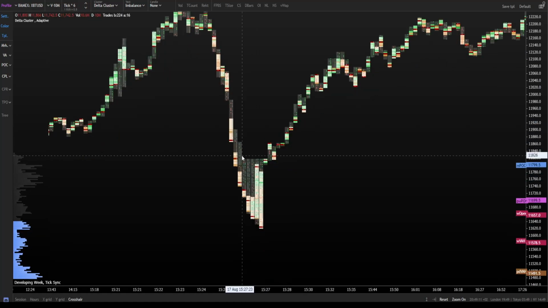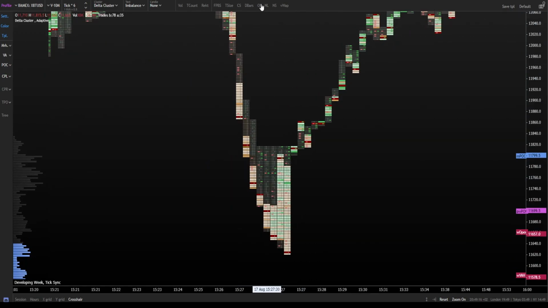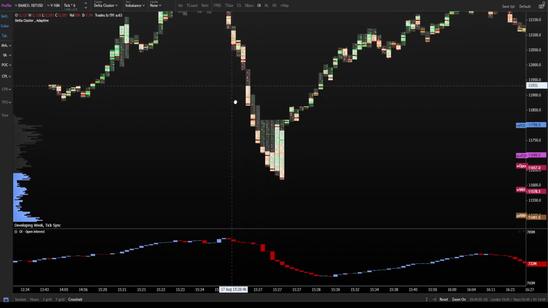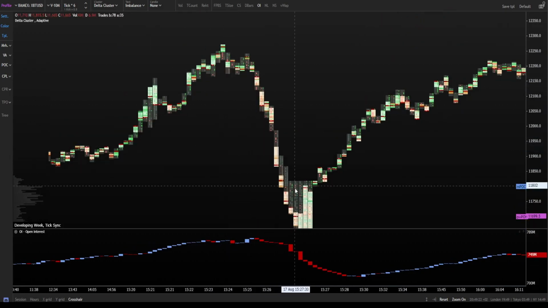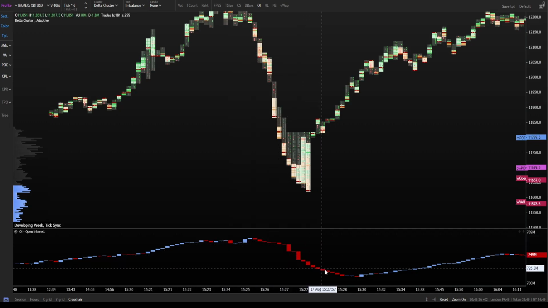I wouldn't say there are really trapped shorters here. A secondary thing you have to do in order to know that is look at open interest, right? This can give us a clue about the nature of the move as well. And you can see open interest is declining.